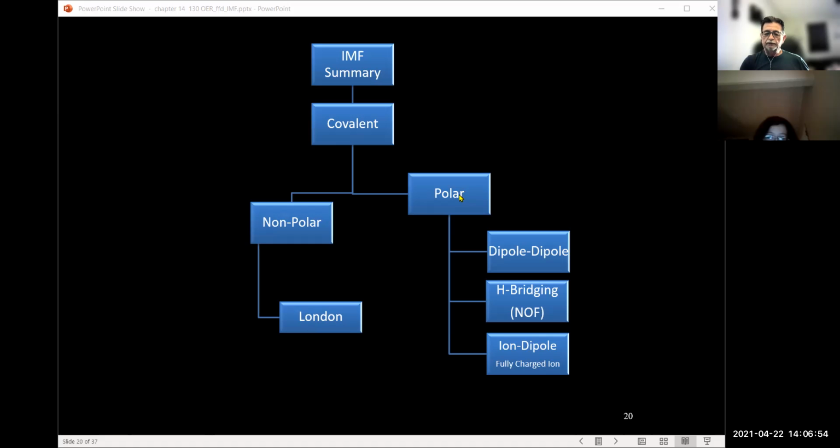If it's polar, we go to the right, and through a process of elimination, depending on the question being asked and what are the factors, is one of those three: dipole-dipole, hydrogen bridging, ion dipole. Remember, ion dipole deals with aqueous systems. Hydrogen bridging deals only with hydrogen bonded to nitrogen, oxygen, fluoride, and then all the other ones are simply dipole-dipole.